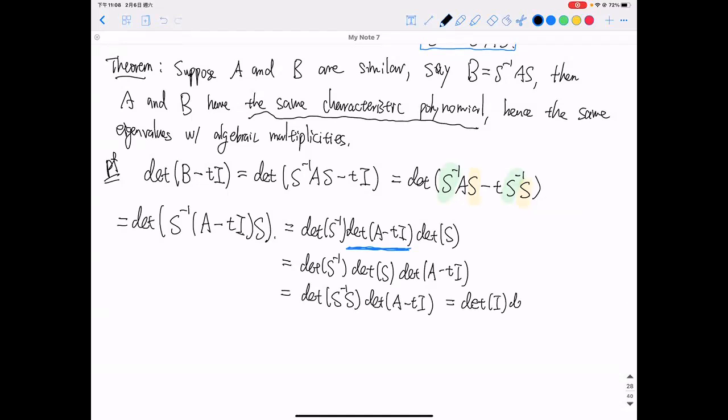So you're looking at the determinant of the identity, which is 1. You are left with the determinant of A minus tI, which is the characteristic polynomial of A. So you start out with the characteristic polynomial of B and end up with the characteristic polynomial of A. So that's simple.